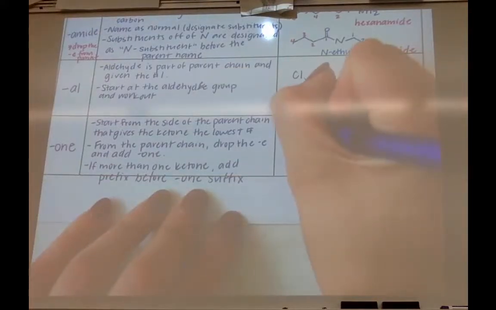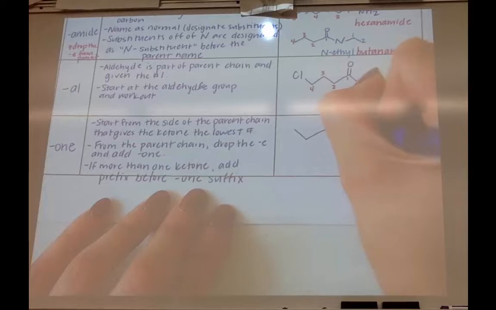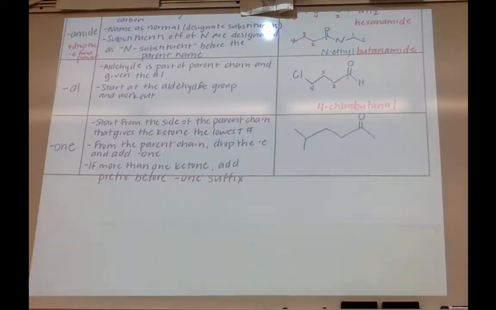So let's look at this. There's our double bond O. Now when you start numbering, should you start numbering from the left or from the right? Start numbering from the right.